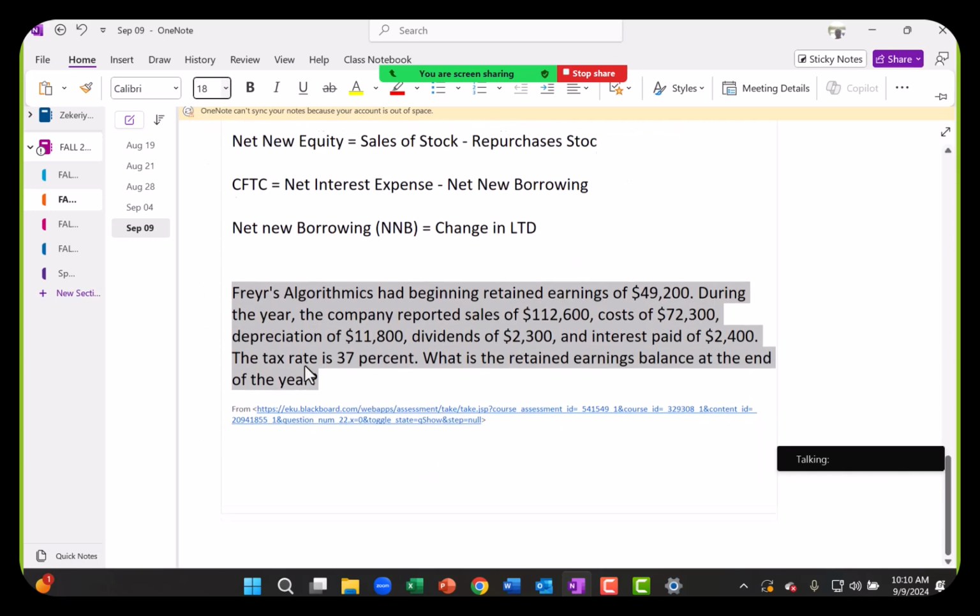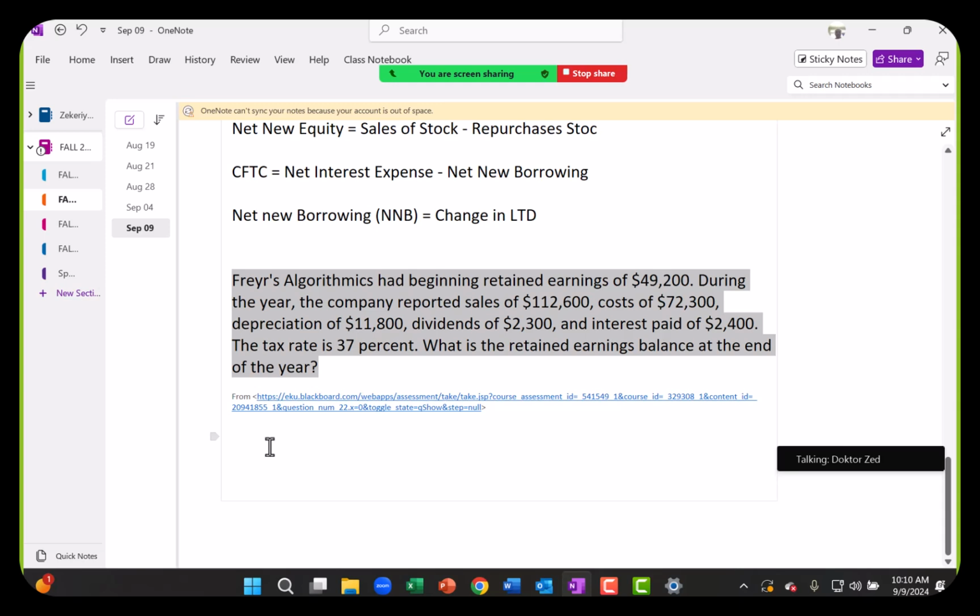For this company, we know the beginning retained earnings during the year. We know the sales, cost, depreciation, dividends, and interest paid. Tax rate is 37%. What is the retained earnings balance at the end of the year?